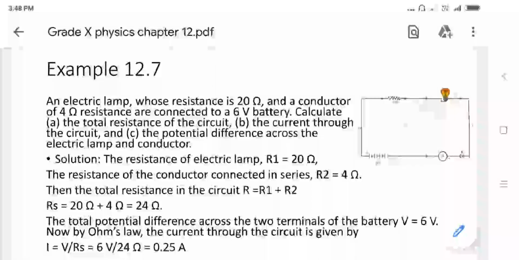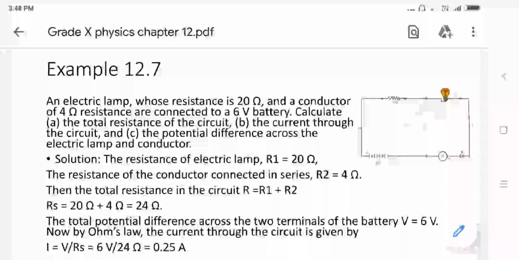So my current would be 6 volt, that is the battery voltage, divided by the total resistance 24 ohm. So 6 volt by 24 ohm, the current would be 0.25 ampere.